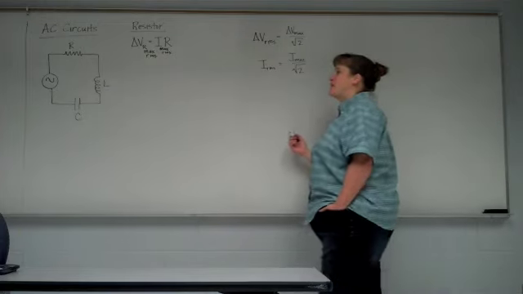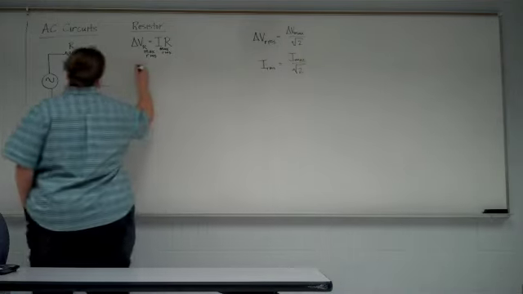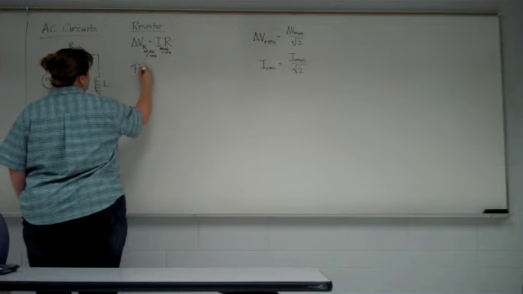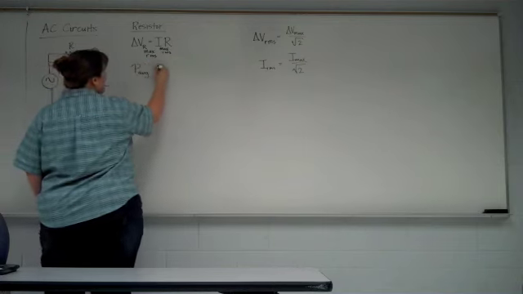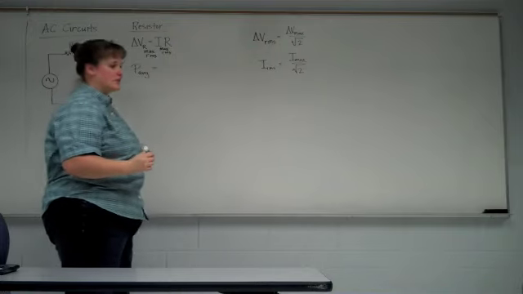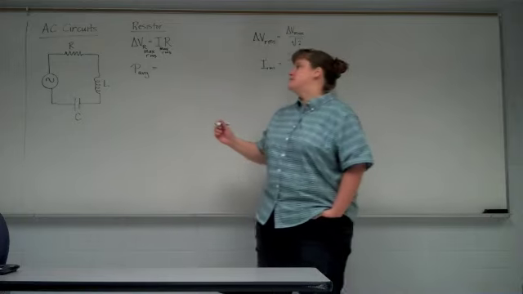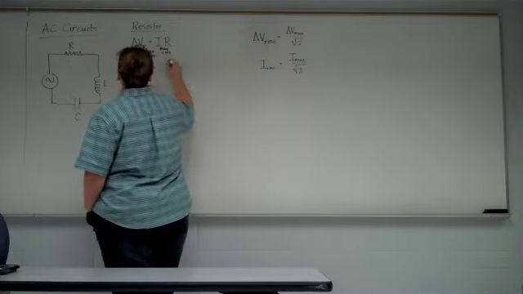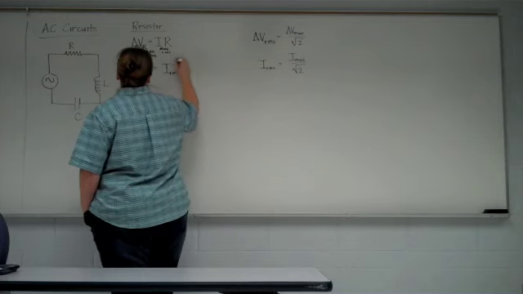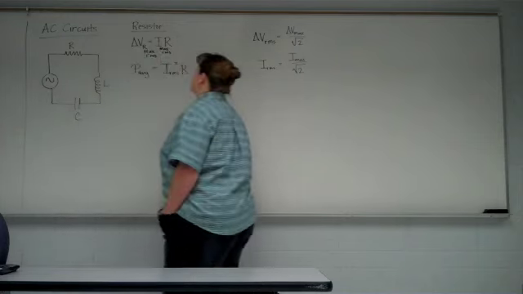So we still talk about power. The power dissipated, we're just going to look at the average power dissipated through our resistor. The average power dissipated depends upon the RMS current and the resistance.